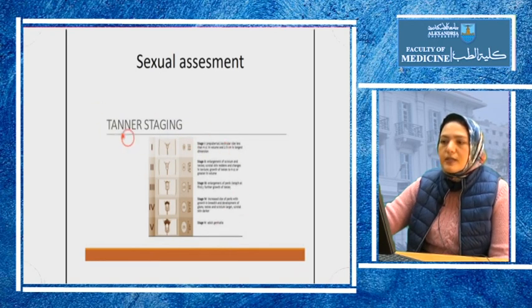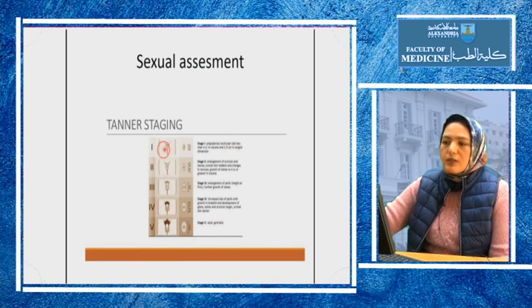These are the Tanner staging for pubertal development. And the assessment of Tanner stages depends mainly on, first, the external genitalia development in boys. This includes the testicular size, the scrotal development, the stretched penile length, and finally the pubic hair distribution.